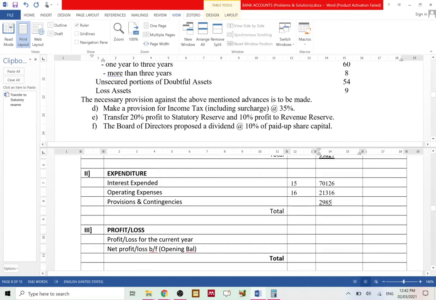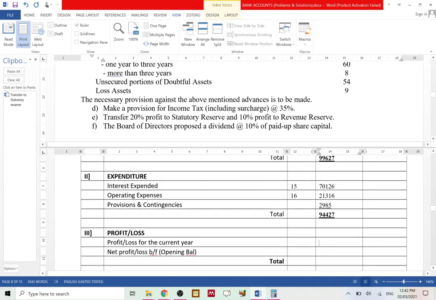Done. Next, what we need to do is total up our expenditure side. So total of all these three gives us 9,427. That's the total expenditure. Based on that, let's calculate profit or loss for the current year.